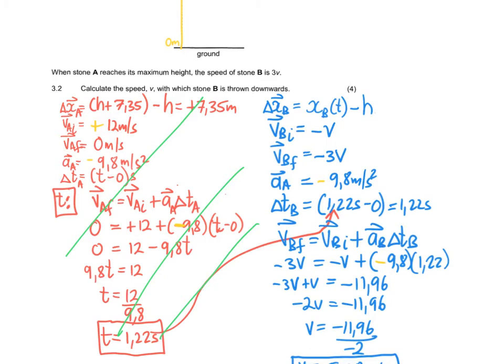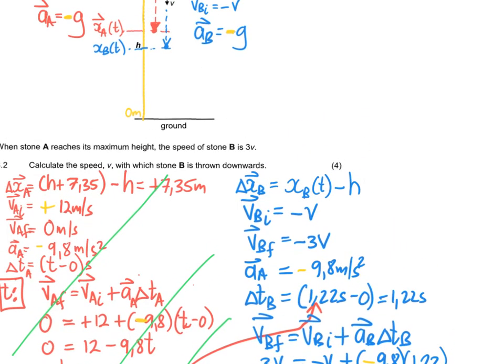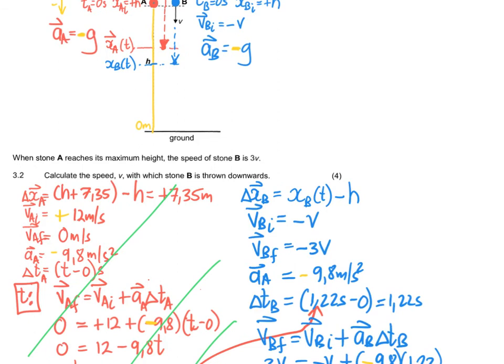So what we have now, the data list here: delta xb is the position where it is after time t minus the original position, which was height h. Remember, it was h above ground. Vb initial is going to be minus v, because it's acting downwards, it's falling downwards.